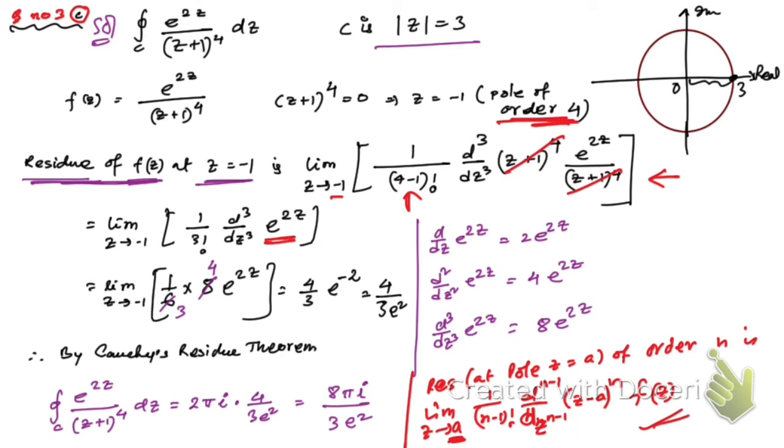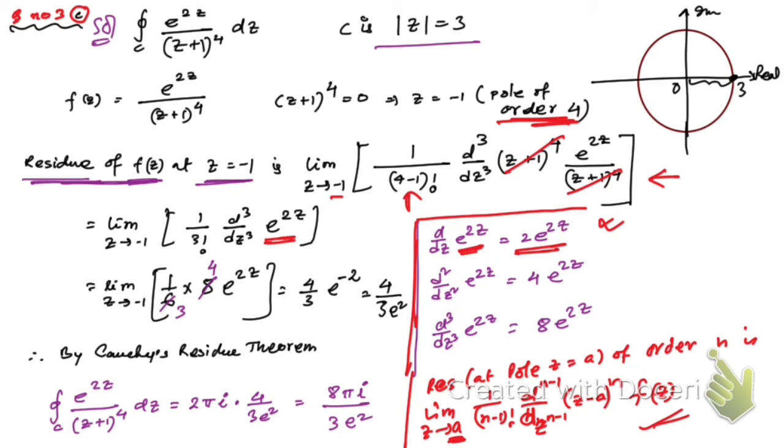So now let us differentiate this. If you differentiate this with respect to z once, you get 2e to the power 2z.